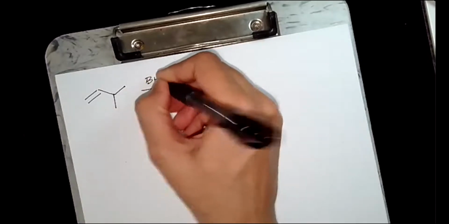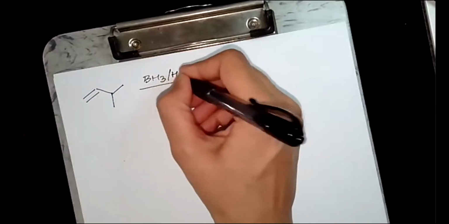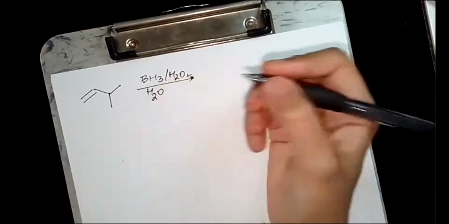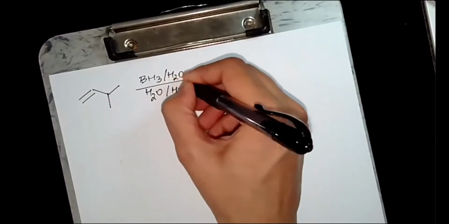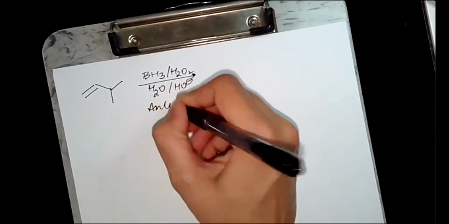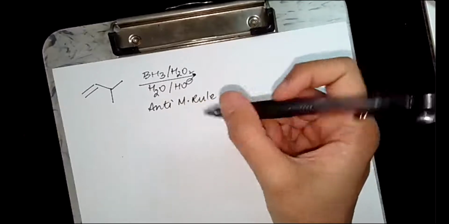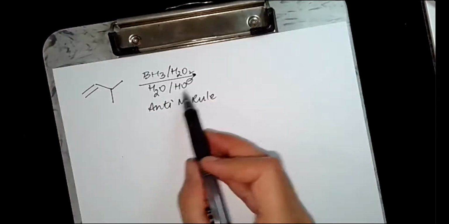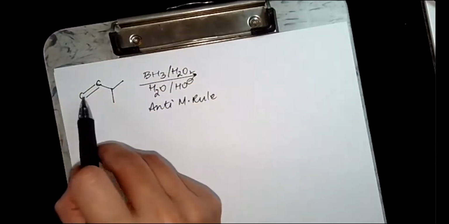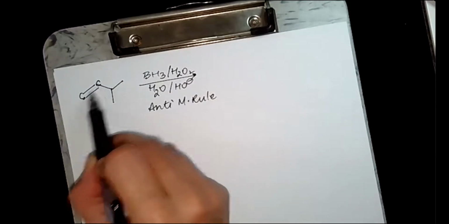So I'm going to use the same alkene that I was using. And now what is the kind of product that we are going to see? Now you're going to see anti-Markovnikov's rule. What does the anti-Markovnikov rule state? It states that the incoming nucleophile will go to the less substituted carbon of the alkene.